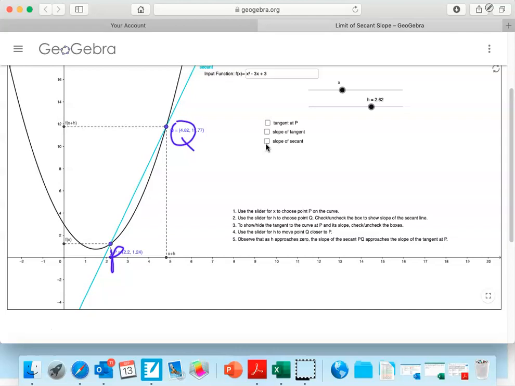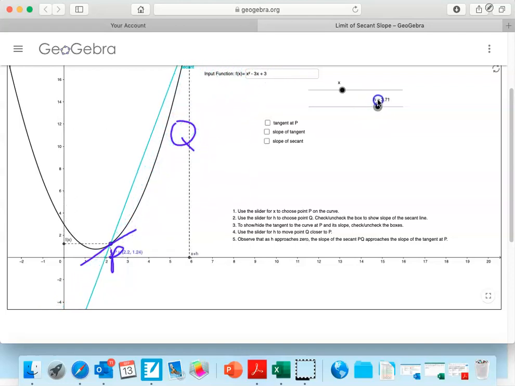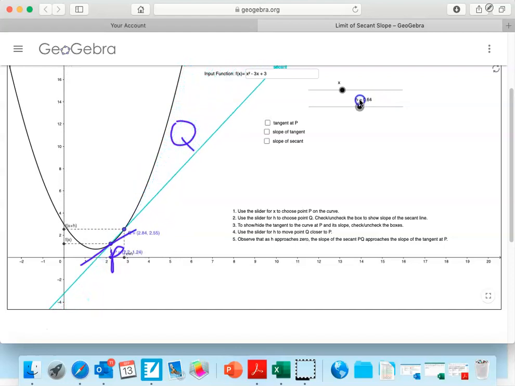We want the slope at P. If I want the slope at P, I'm going to take my Q, this point right here, and move it closer and closer to P. See how my secant line is like we're going along the function, until Q is really close to P, like right on top. You can't even tell the difference.